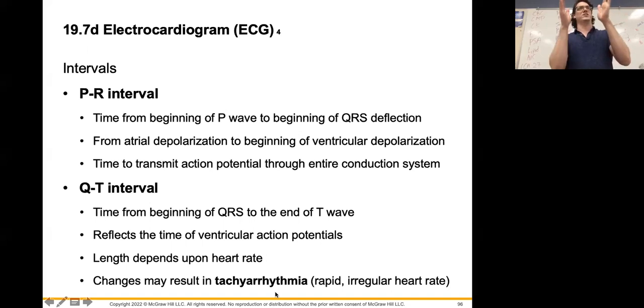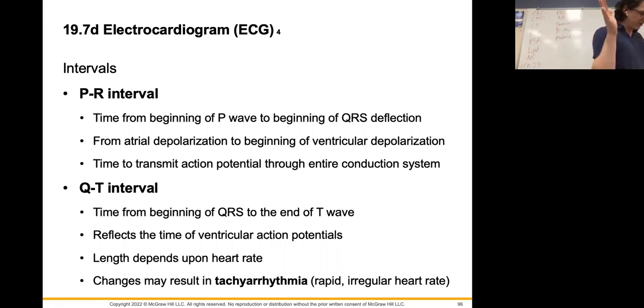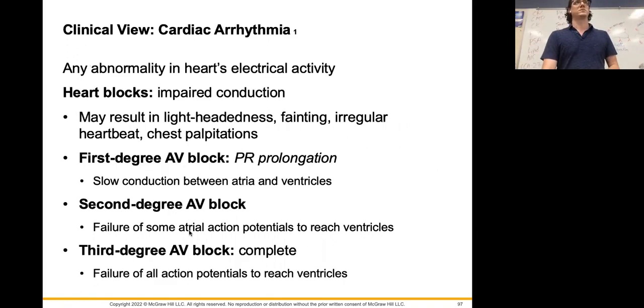That's basically saying that there is not enough space in between these two things. That leads to a rapid irregular heart rate, okay? It's irregular because things get out of order really quickly when this starts to happen. And this is because we're basically collapsing the phases where the ventricles should be able to depolarize before they get set for their next repolarization phase, okay?